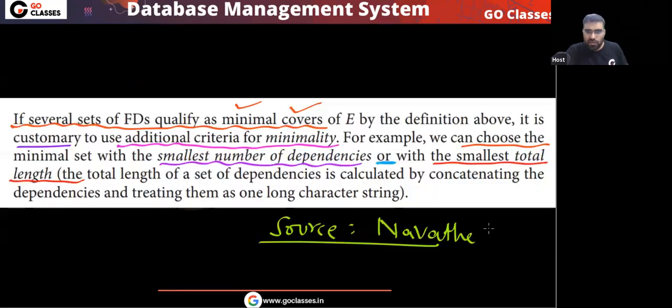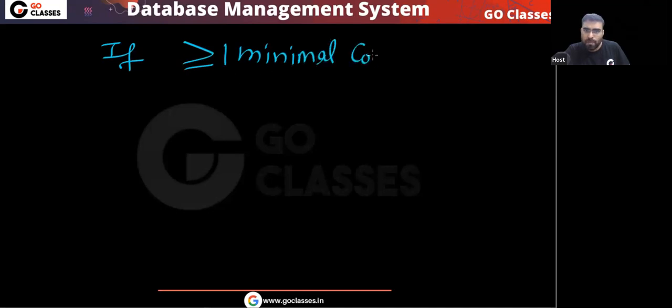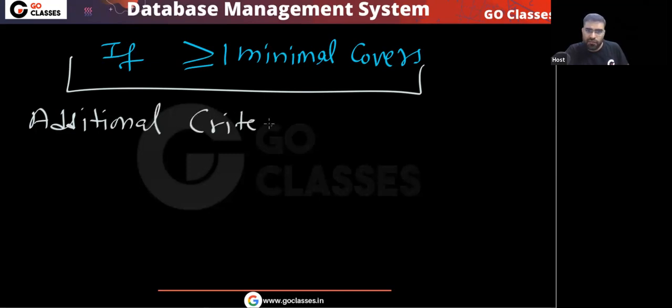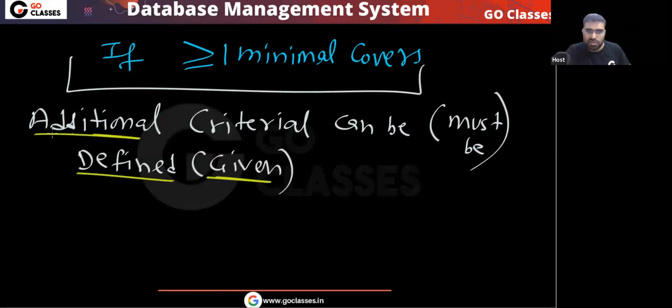In this Navate, it is given that if you have more than one minimal cover, then an additional criterion must be defined and given in the question. Is this clear?